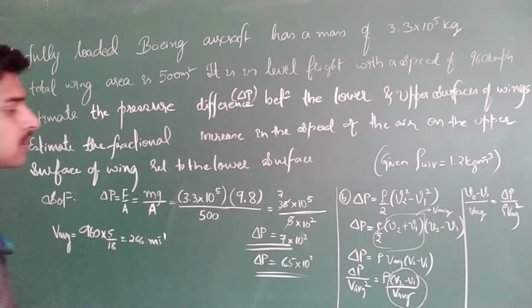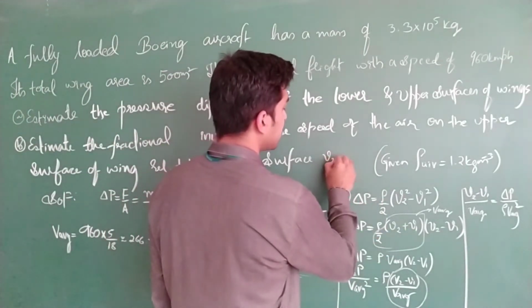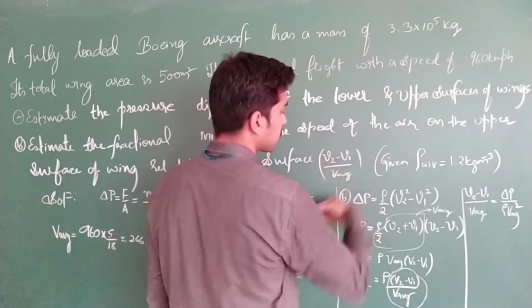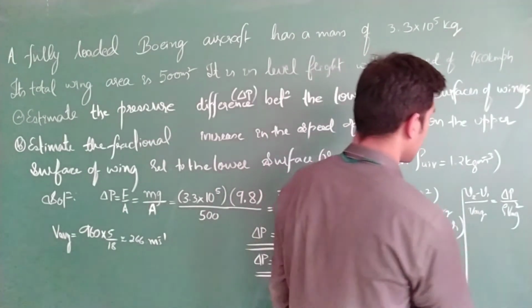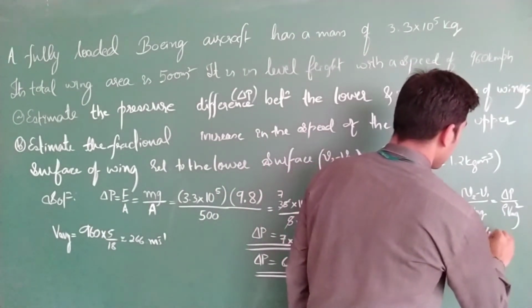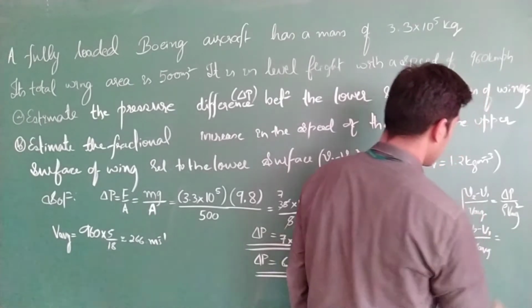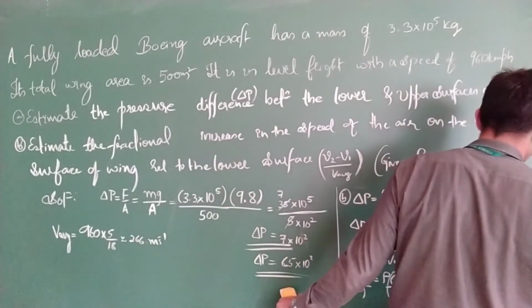So this will be V2 minus V1 by V average is equal to delta P value 6.5 into 10 to the power of 3.